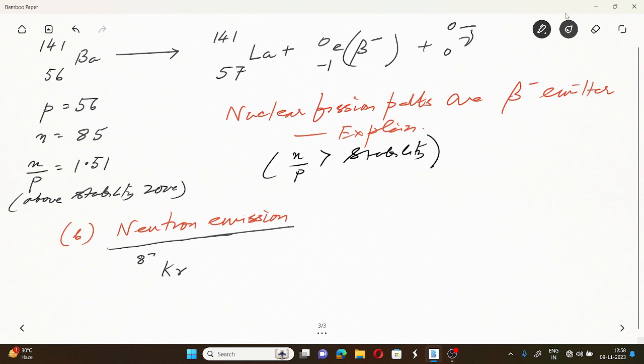ফর এক্সাম্পল if you look at krypton 87, 36, ঠিক আছে? তো এখানে তুমি নাম্বার অফ নিউট্রনস এর সংখ্যা দেখো, দিস ইজ 51 and number of protons হচ্ছে 36. So if you calculate the n by p ratio, you will find it to be 1.41, and now this is above stability zone.